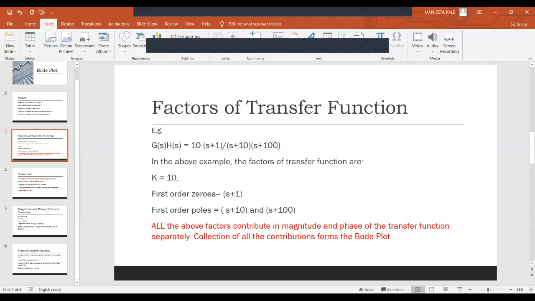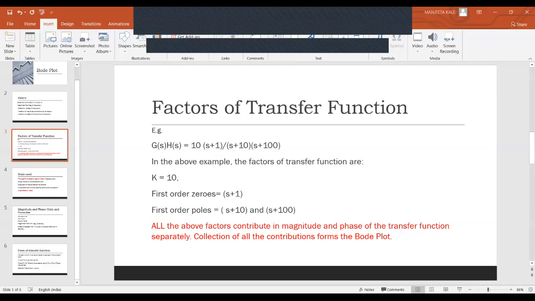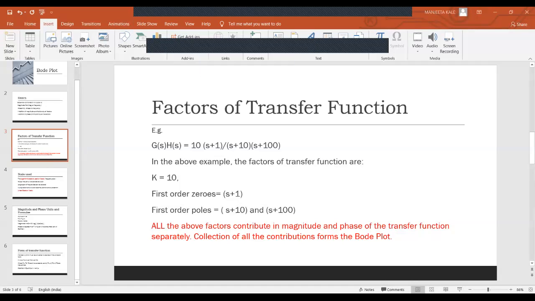So magnitude plot will be magnitude contribution of this factor 10 plus magnitude contribution by this factor s plus 1 plus magnitude factor of this s plus 10 as well as for s plus 100. Same goes for phase.